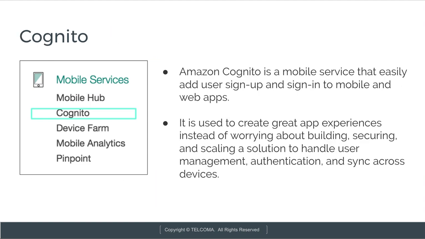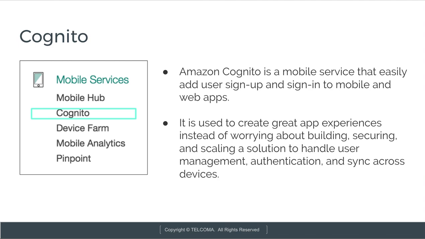Next, let's discuss about Cognito. What Cognito is? Amazon Cognito is a mobile service that can easily add user sign up and sign in to mobile and web applications. That means this is a service that can easily add sign in and sign up. Here we are using SAML, which is Security Assertion Markup Language. It is used to authenticate users through social identity providers like Facebook, Twitter, or Amazon, or by using an identity system.